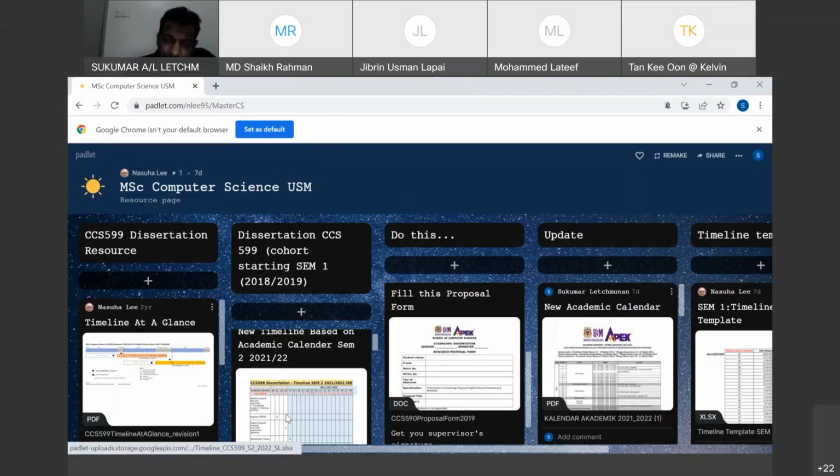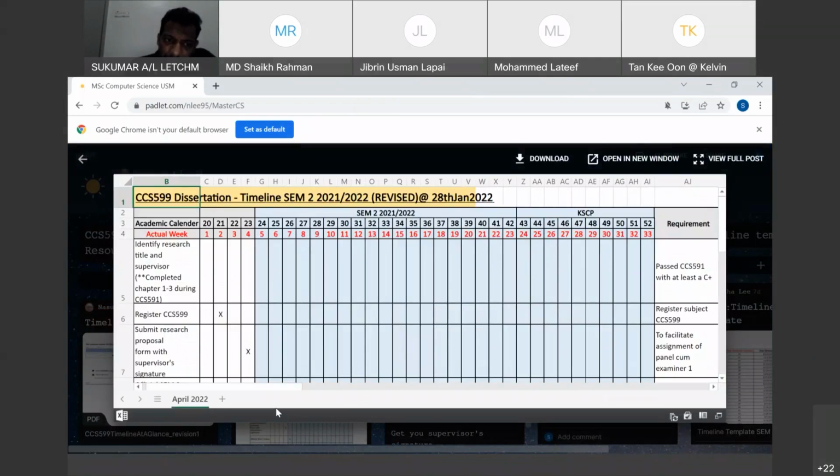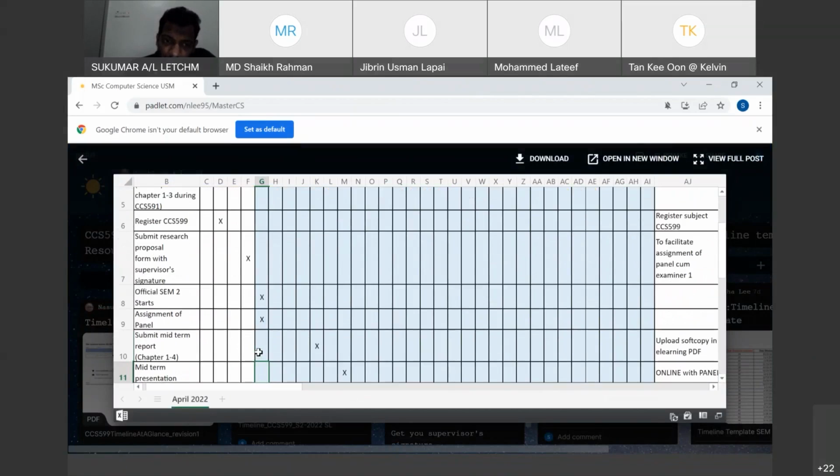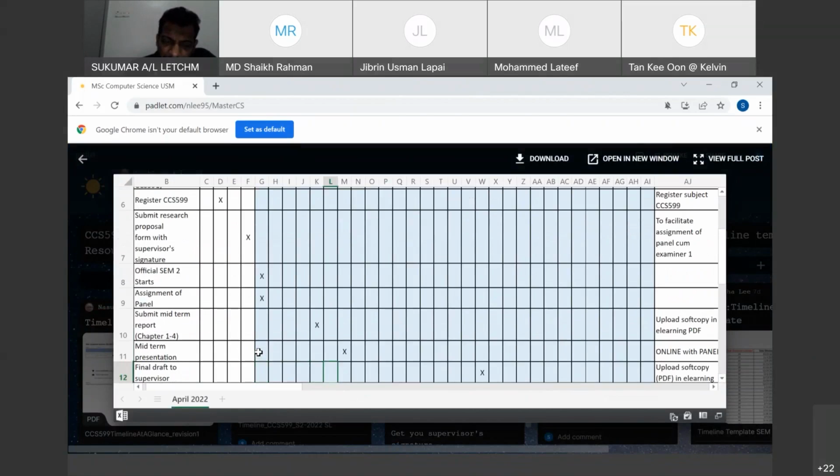The process here, if you look, is that when you already have your semester 2 start and you do your chapter 1 until chapter 4, during this time you will have your midterm presentation. Once you have your midterm presentation, the next process is going to be your final draft, which is a final version of what you already did.